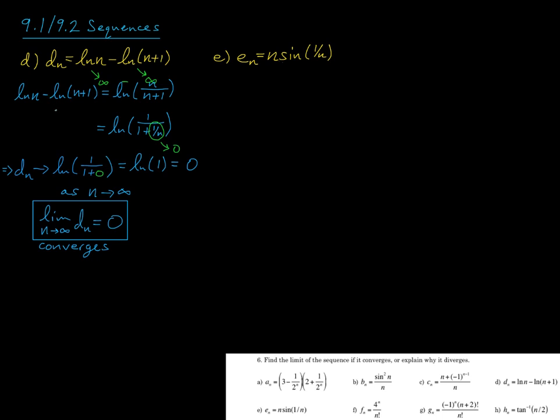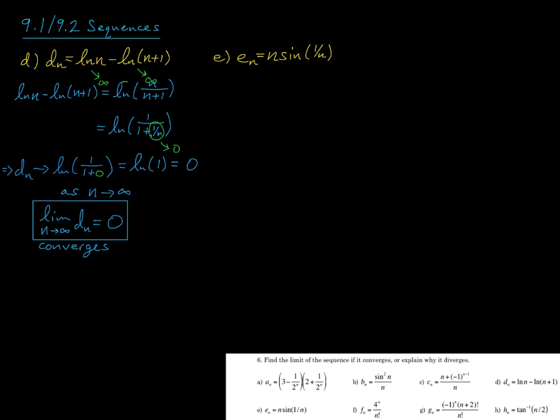So I'm going to rewrite the expression using log properties. This is a difference of logarithms, so I can write that as the natural log of n over n plus 1. And so now if I divide n in the numerator and n plus 1 in the denominator both by n, in other words, I rewrite the inside of the natural log as 1 over 1 plus 1 over n.